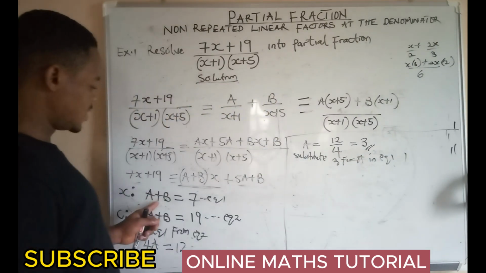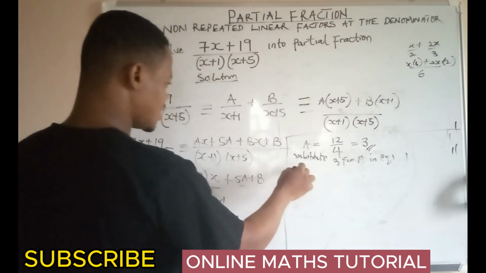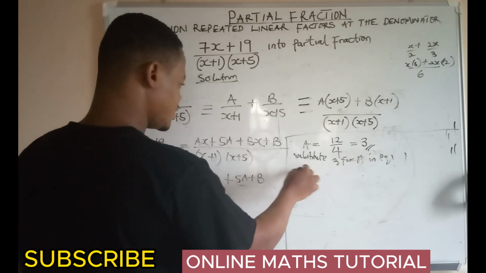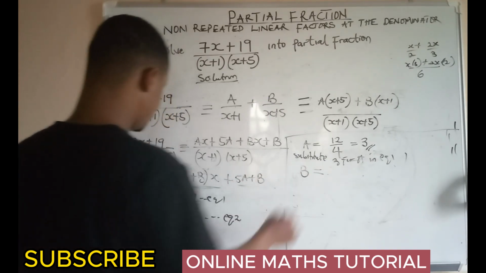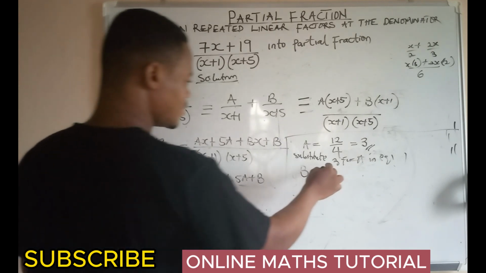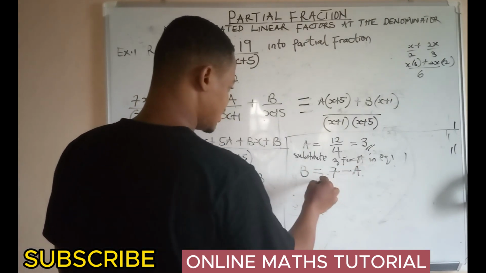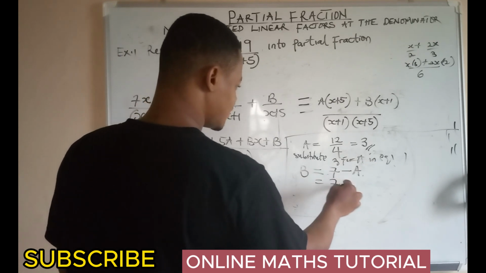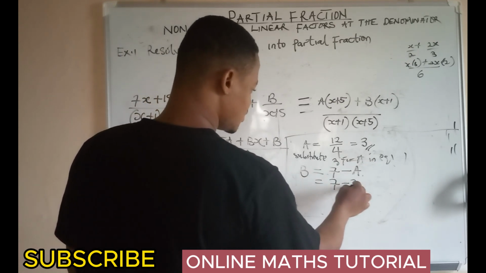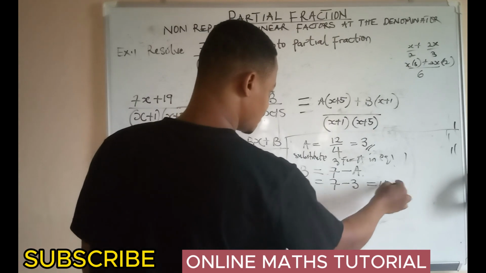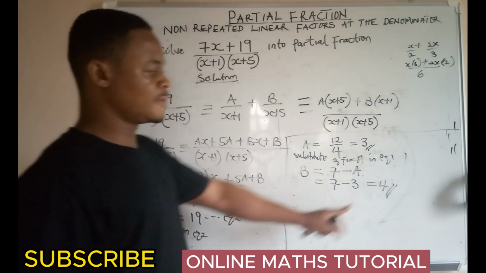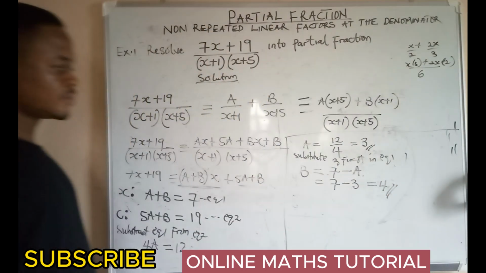If we substitute this for a here, we have that b will be equal to, crossing the equality sign, 7 minus a, and that should be equal to 7 minus 3, which will give us 4. So this means that your b is 4.